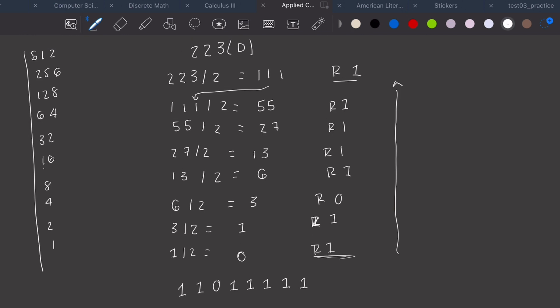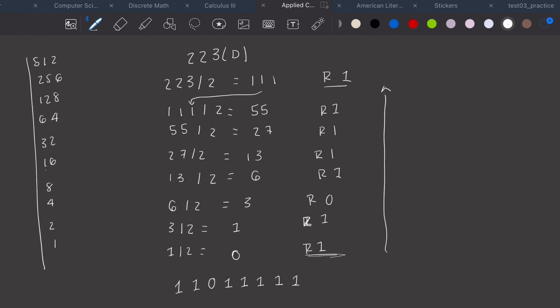So this is the conversion. So 223 in decimal is equal to 1 1 0 1 1 1 1 1 in binary.